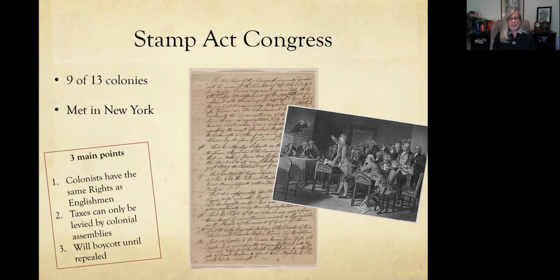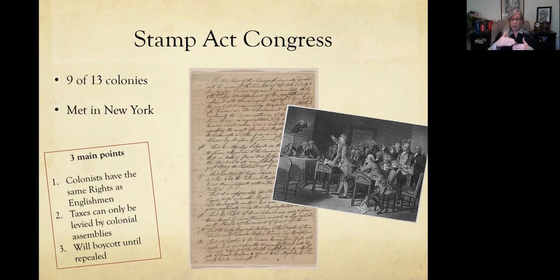But what it does is say that they should be protected as Englishmen, that all of their rights should be protected, and that these taxes are unfair and they're being taken advantage of, okay? And they say that in the colonies, they will only pay taxes to their own local colonial legislature. So the House of Burgesses in Virginia will tax the people of Virginia, not Parliament.